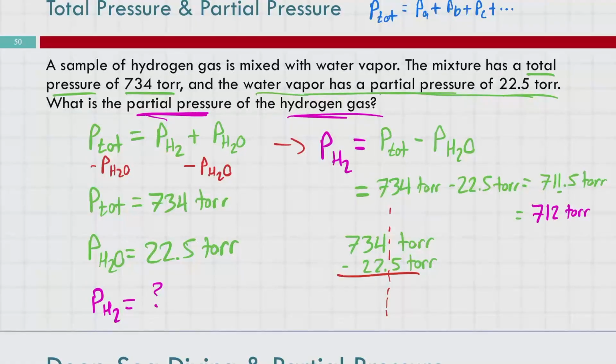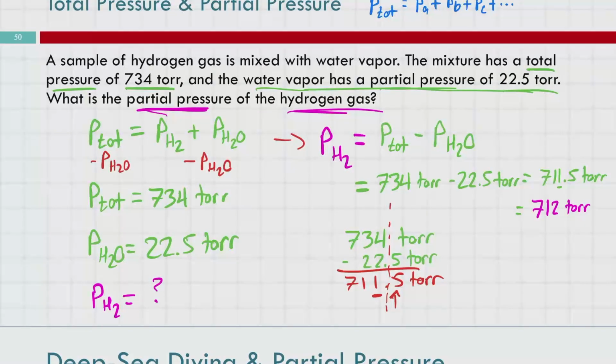So we'd cut off there. So the second one is our last digit. The 5 lets us round up. Questions?